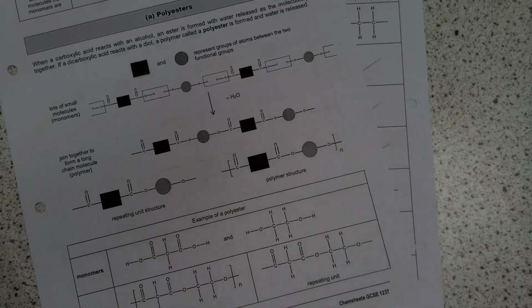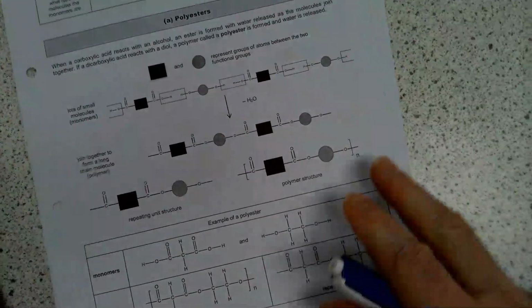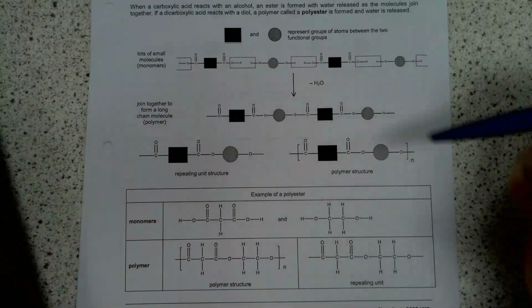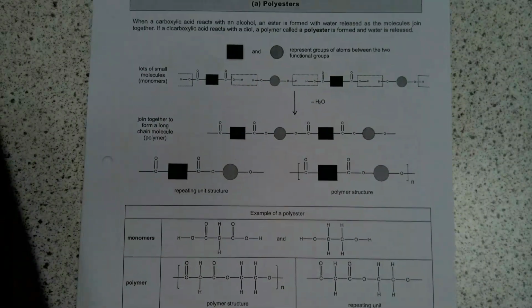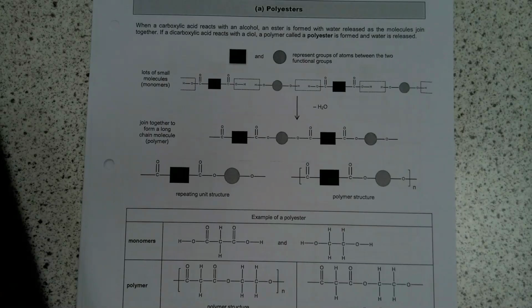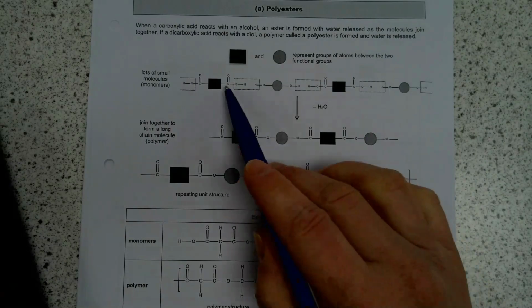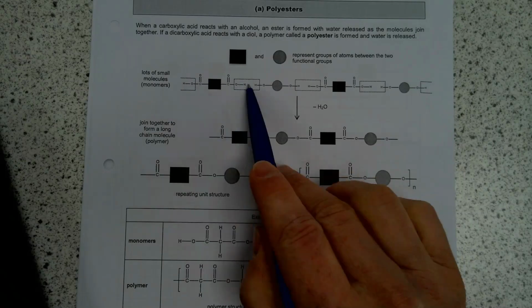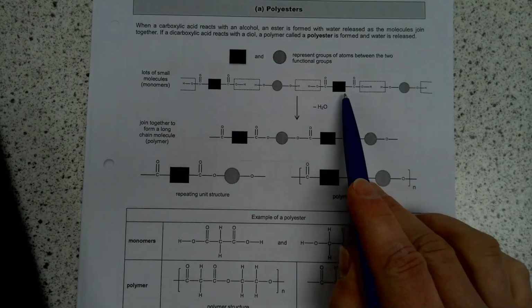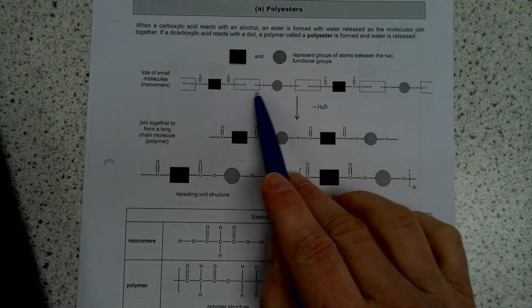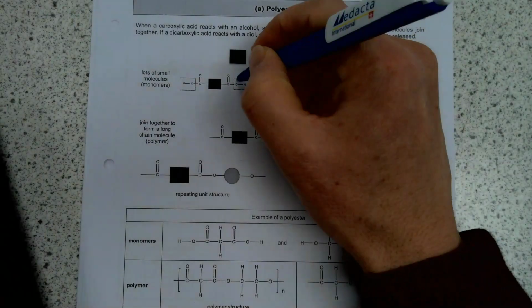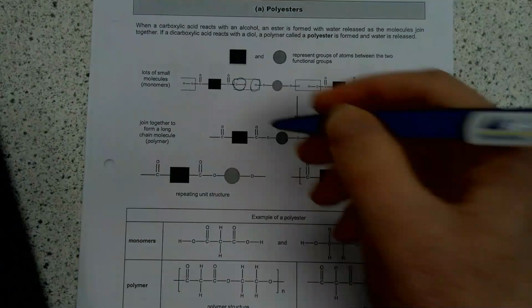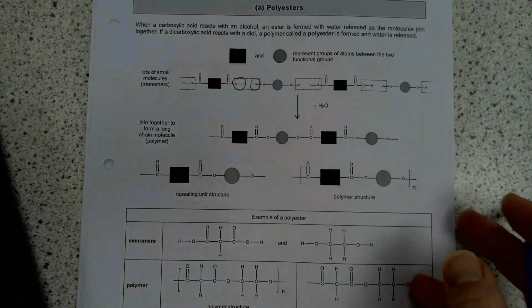Notice that there'll be polyamides and polyesters, and these notes through the middle of the page on polyesters are exactly what we did, more or less: you've got blobs between the functional groups at either end, and you lose the parts in the dotted lines here. They've done it slightly differently to me. I put a circle around the OH and the H. They've put a circle around the whole thing together, then clipped it together.